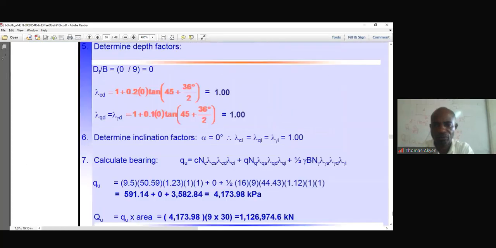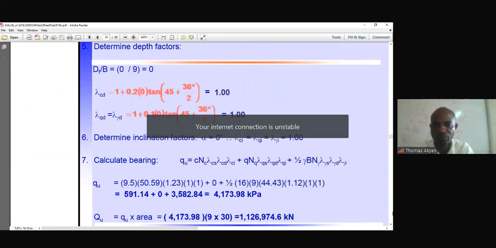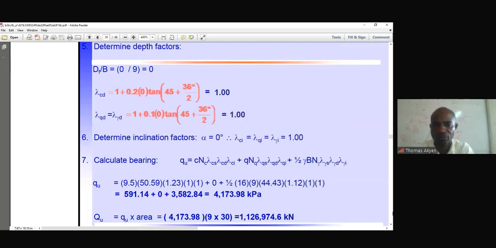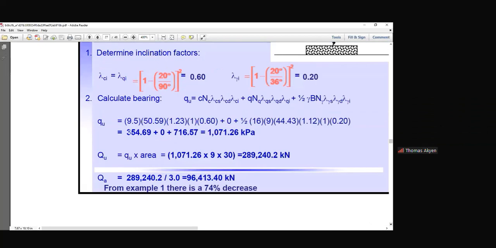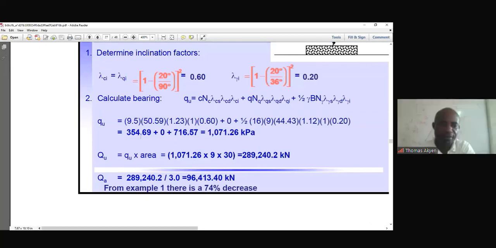So we will have this where we begin the bearing capacity equation, and then we go ahead to calculate the ultimate bearing capacity.